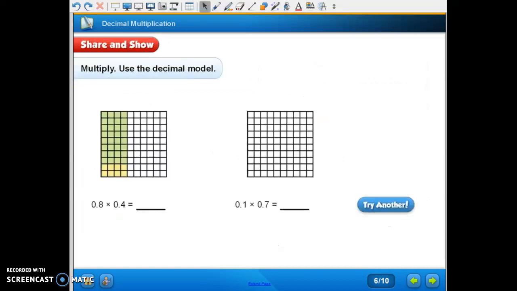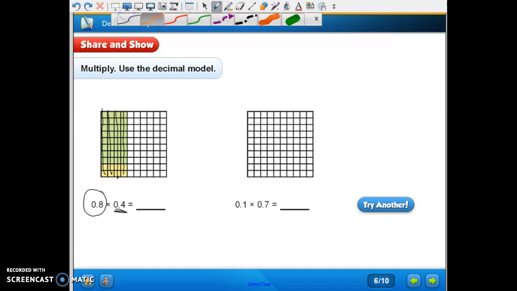This is number 1 on page 185, and I wanted to talk to you about the order in which you shade. Every time you shade, the second number in your number sentence should be what you shade up and down to give you your width, okay? The first number should be what you shade across.